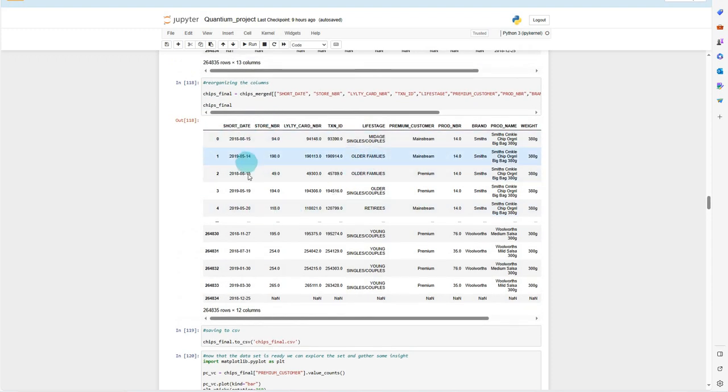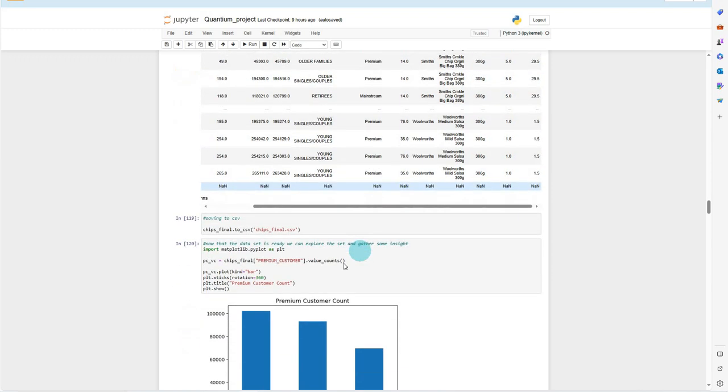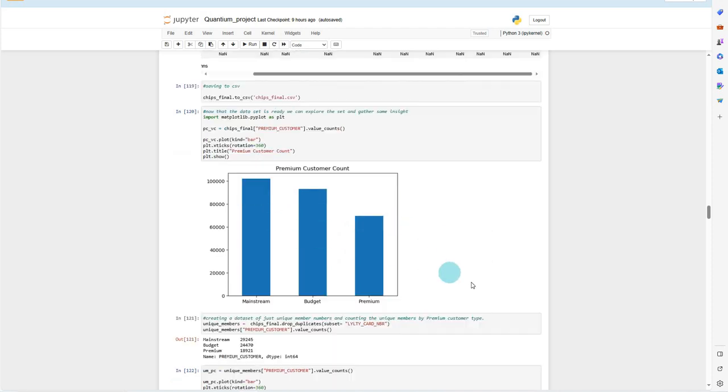So I got my short date, no timestamp, the store number, loyalty card number, tax ID, life stage, premium customer, product number, brand, and then the product name, the weight, product quantity, total sales. Save the CSV. I was probably taking a break there, so I just wanted to save it just in case.